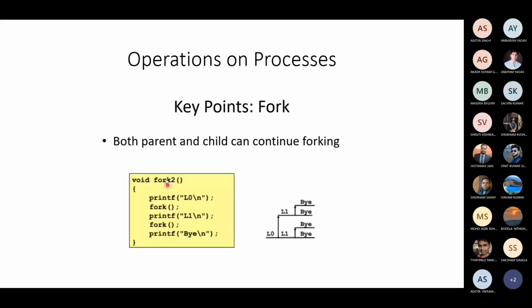So the original process will continue, and another process will be created. So after L0, the program will split into 2 processes, that is, L1 and L1. You can see that after forking, when I'm printing L1, it is printing 2 times. After L1, I'm creating a fork again. This fork will again create another process, so when you are printing, it will print 4 times.